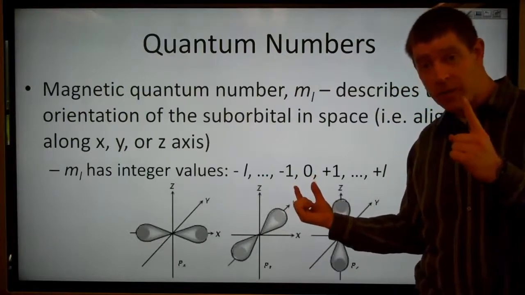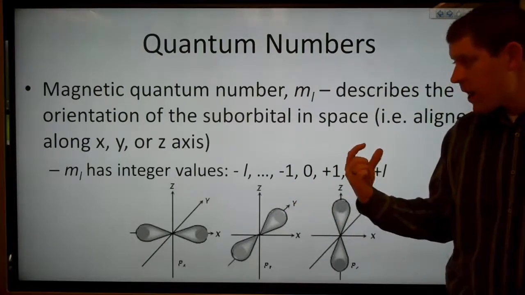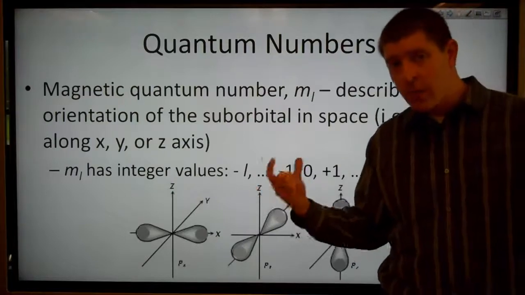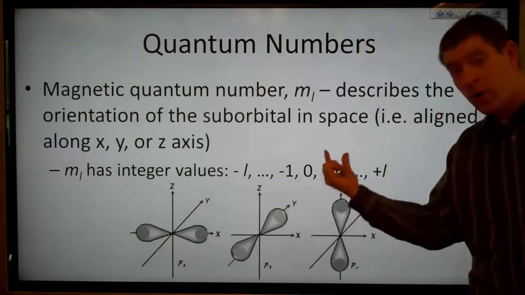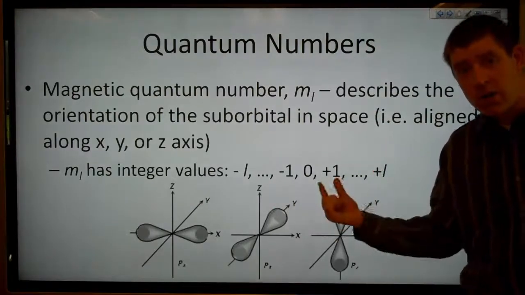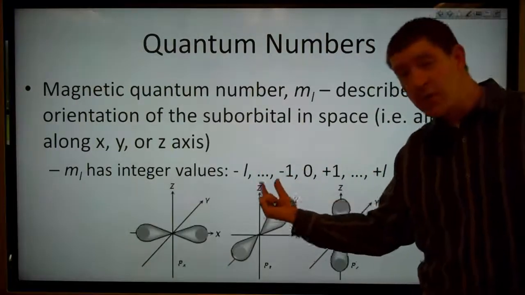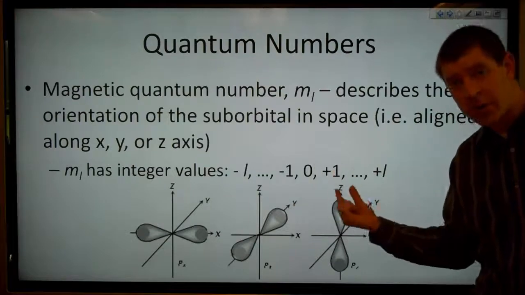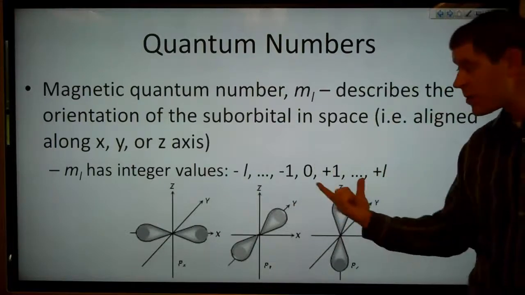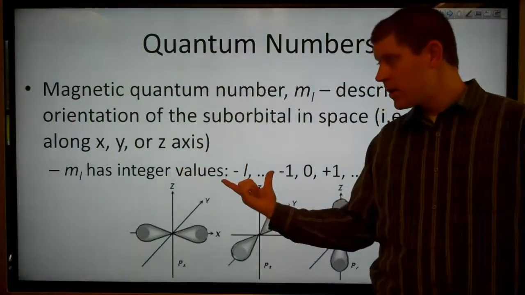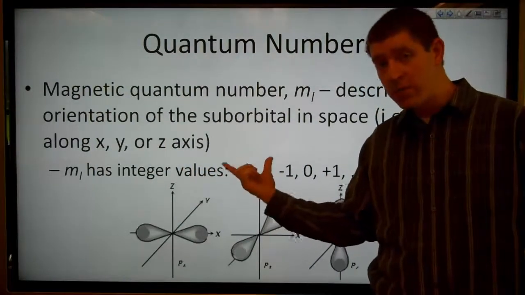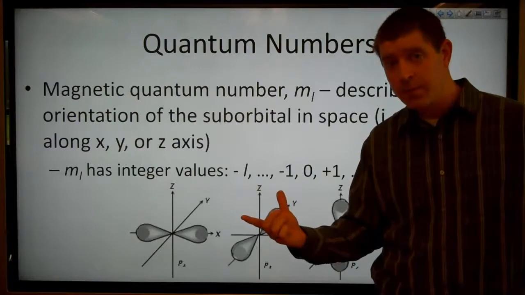So we can only have one value. If we have a p orbital, p had L equals 1, so we could have negative 1, 0, or positive 1. A d orbital had L equals 2, so we could have negative 2, negative 1, 0, positive 1, positive 2, and so on. So the number of possible values for m sub L is always odd.